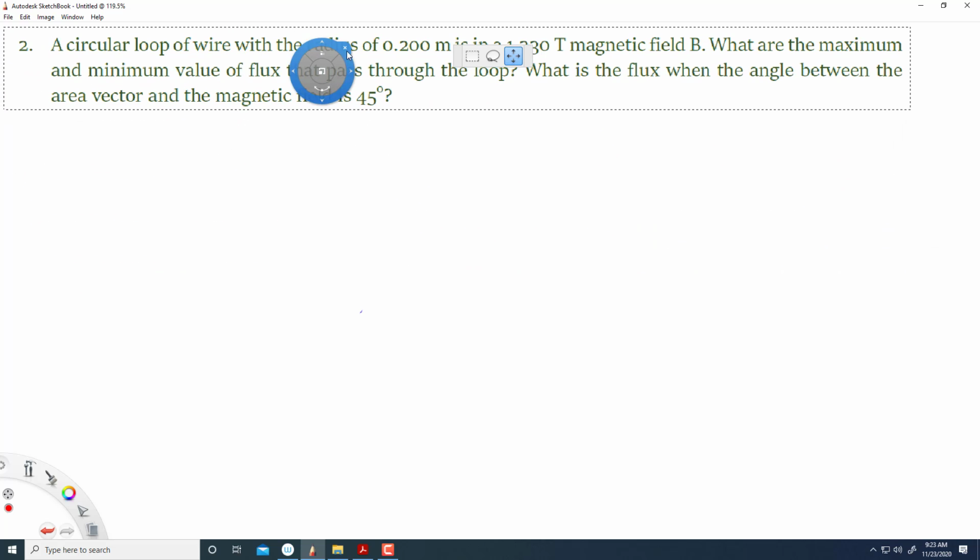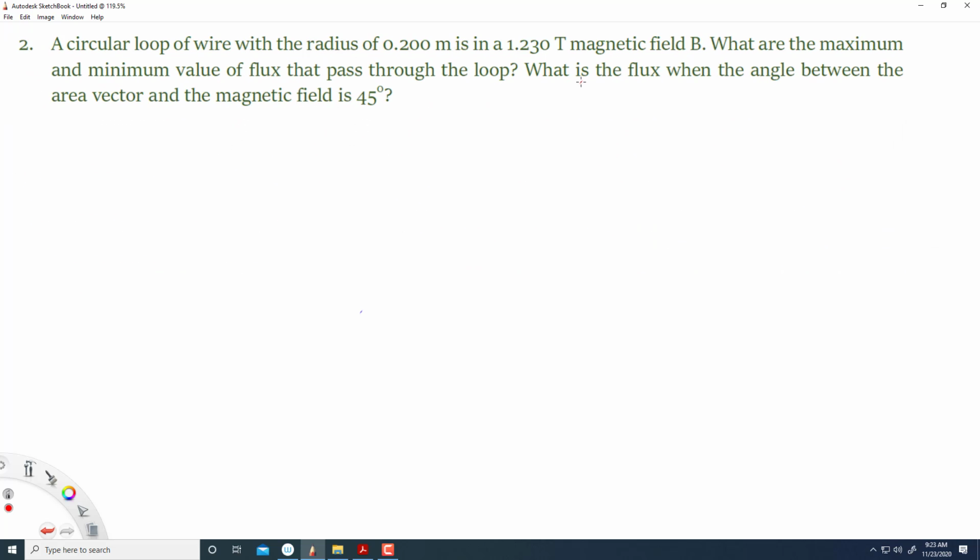So number 2 is basically finding the flux through some area. So we know that the magnetic field has some direction. So this is the magnetic field. It's going, let's say, into the board, and let's say this is a loop.